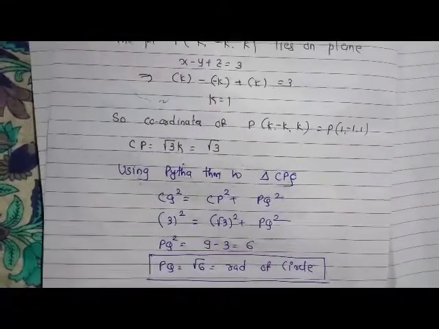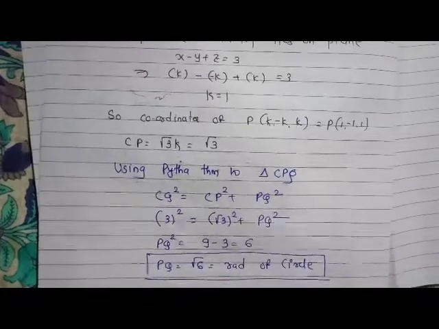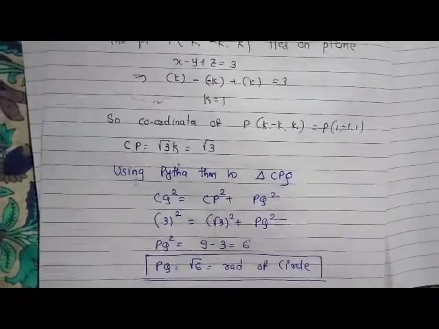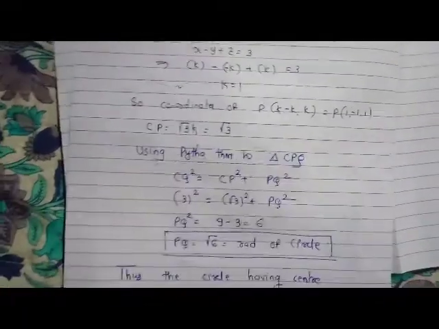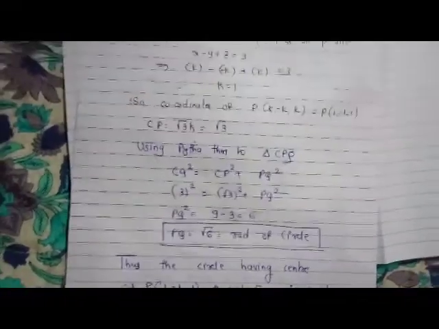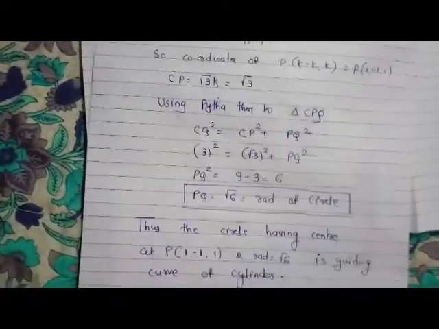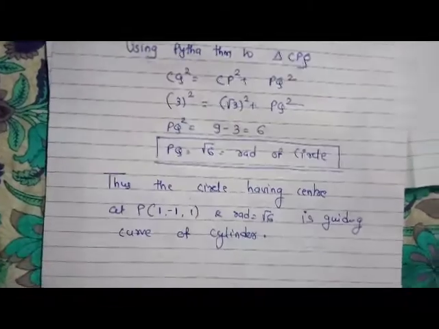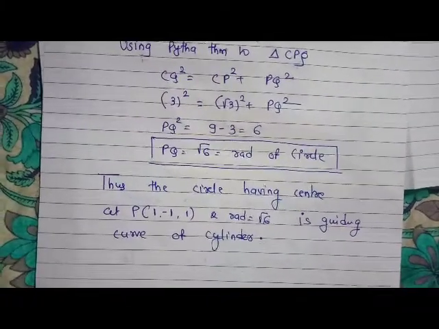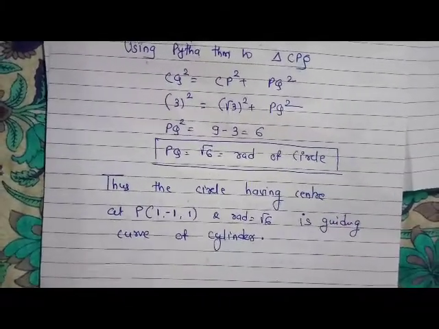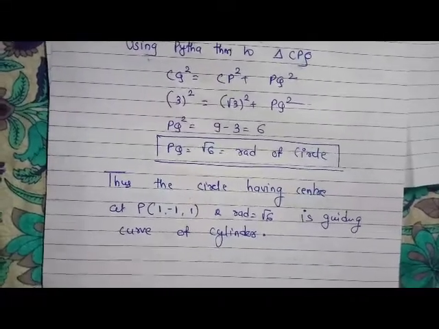CQ is the radius of the sphere, and that is 3. CP is root 3, and from there PQ is obtained, that is root 6, and root 6 is the radius of the circle. So at the end, the guiding curve for the cylinder is known, that is the circle with center at 1, minus 1, 1 and radius root 6.